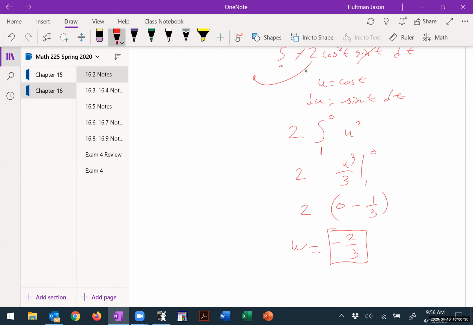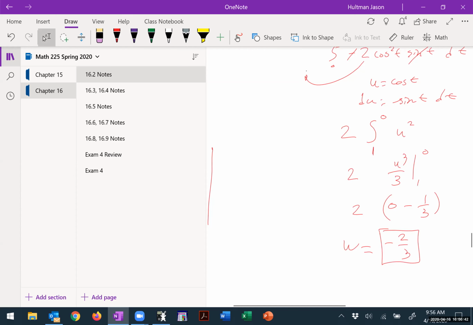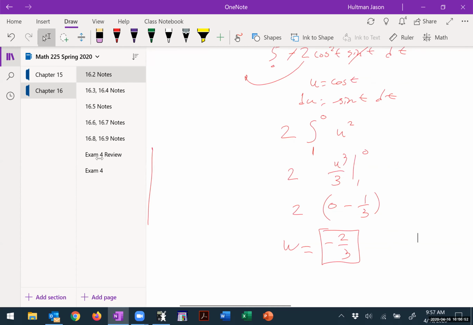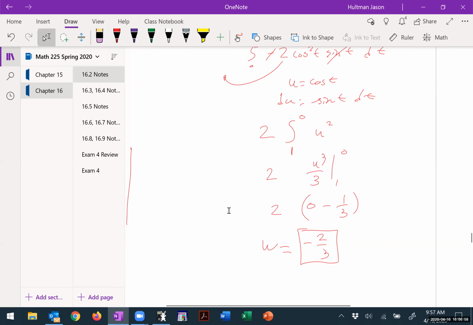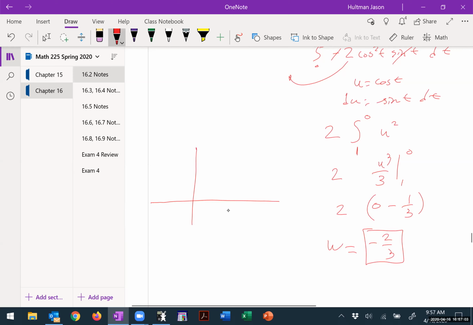Now, why is it negative? Well, because it looks like this. We've got a quarter circle here, right?